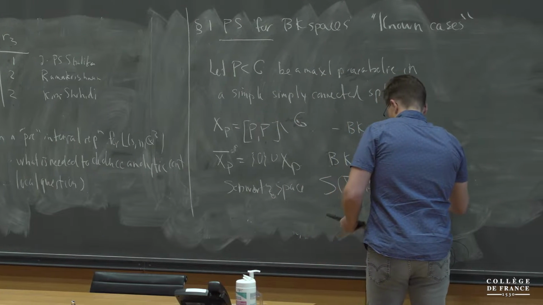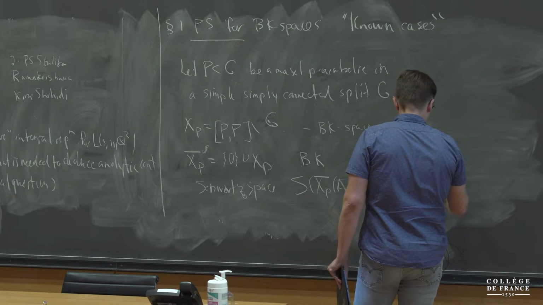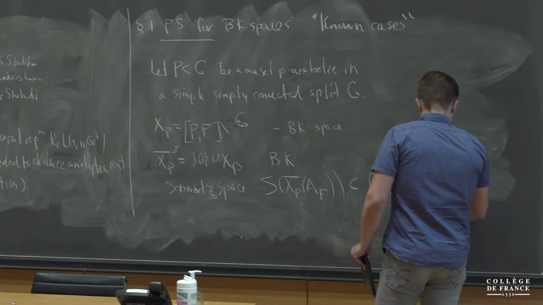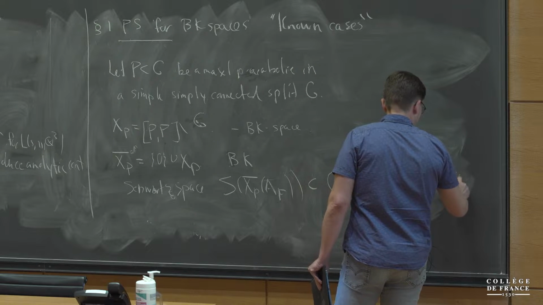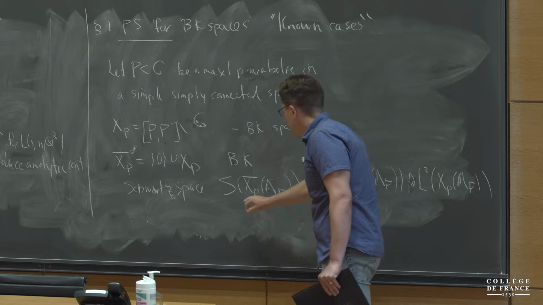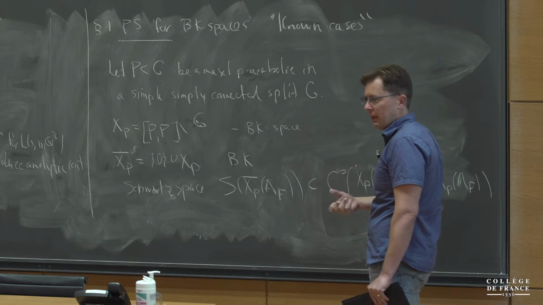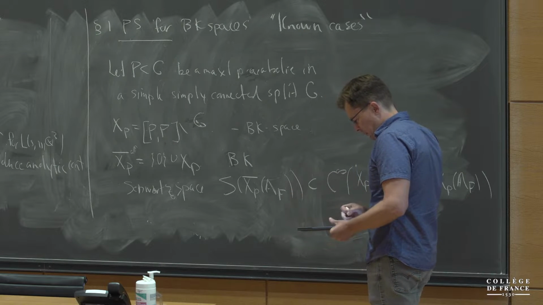And this is contained inside the space of smooth functions on the smooth locus, intersected with the L2 space of X_P(AF). So the convention here is that functions on the Schwartz space, which is some singular space, don't have to be defined at the singular locus, which in this case is just a point.